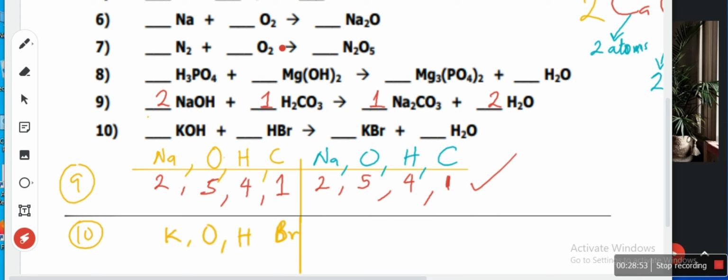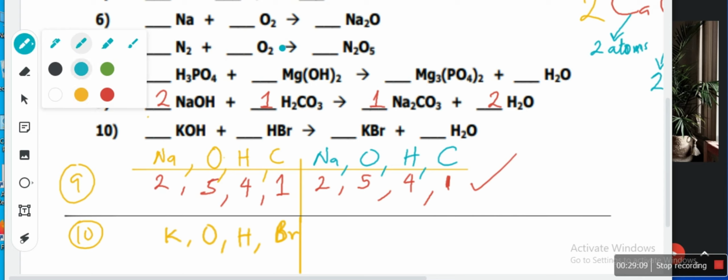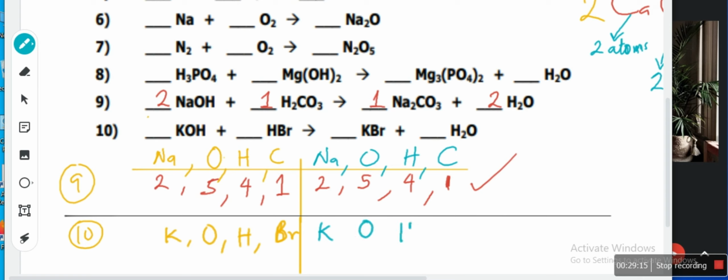For the product side, we also have potassium, oxygen, hydrogen, and bromine.